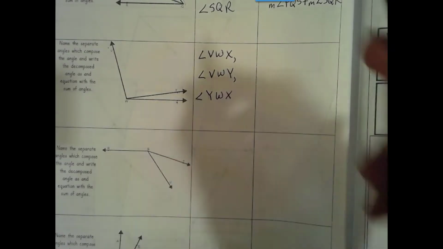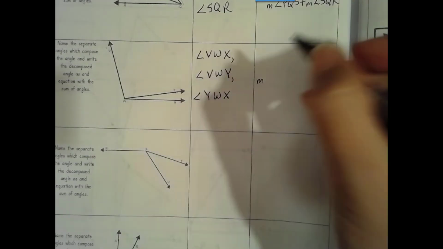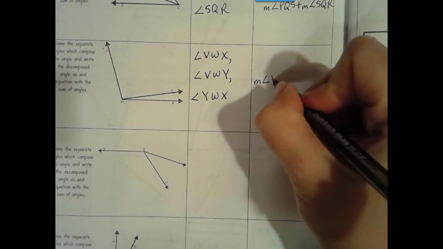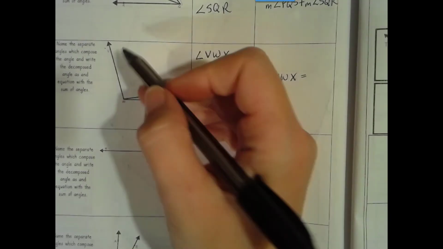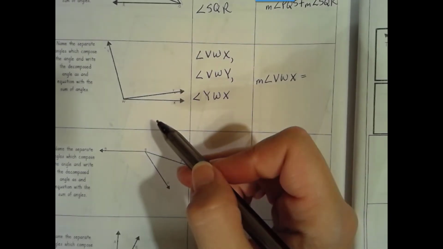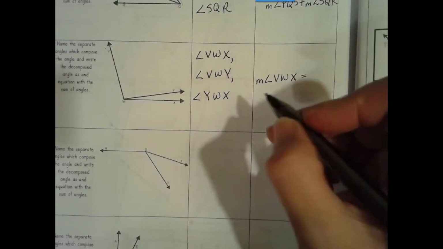So now to write it as an equation, the measure of, well, what's the largest angle? Angle VWX. This large angle is composed of these two smaller ones. So I need to add the two smaller ones together.